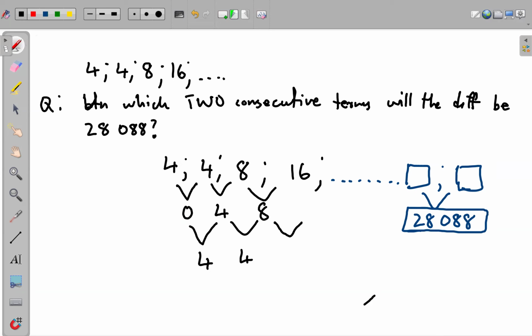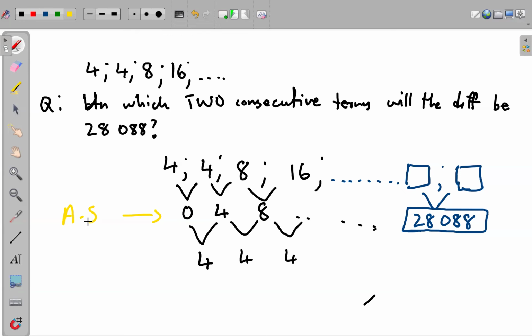So then we know that going on and on, you will have that, and then you're going to have a term and all that. But there's going to be a point in this arithmetic. Remember, I want to write it down. Remember, this thing here is an arithmetic sequence. So when we see this difference of 28,088, we need to actually see that value as a term in the arithmetic sequence.